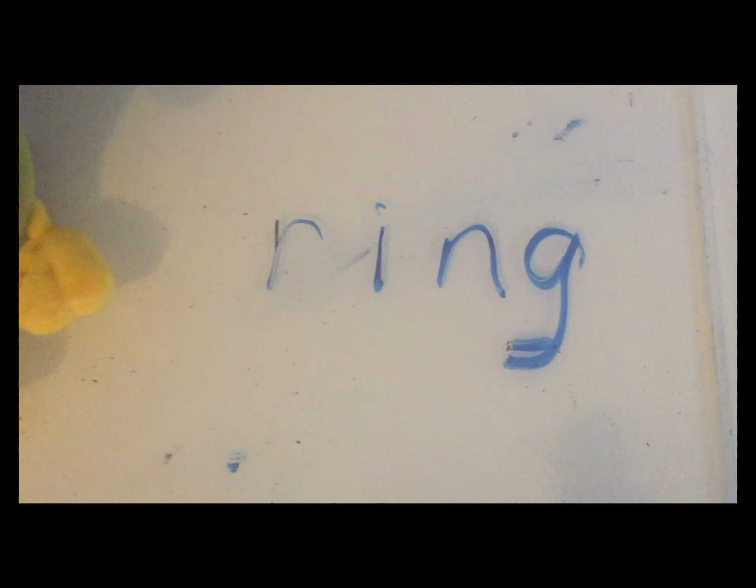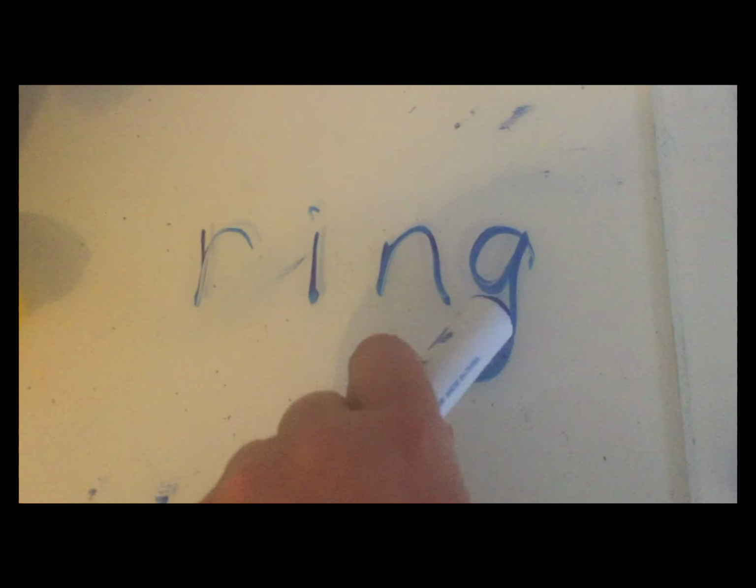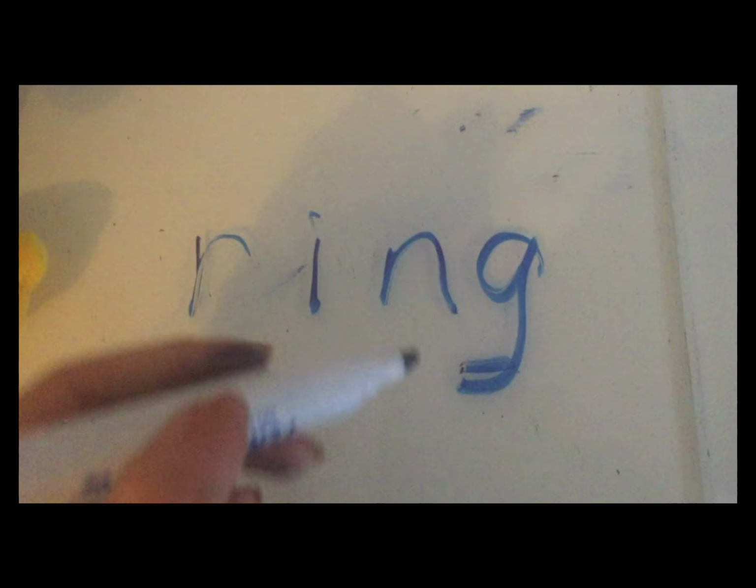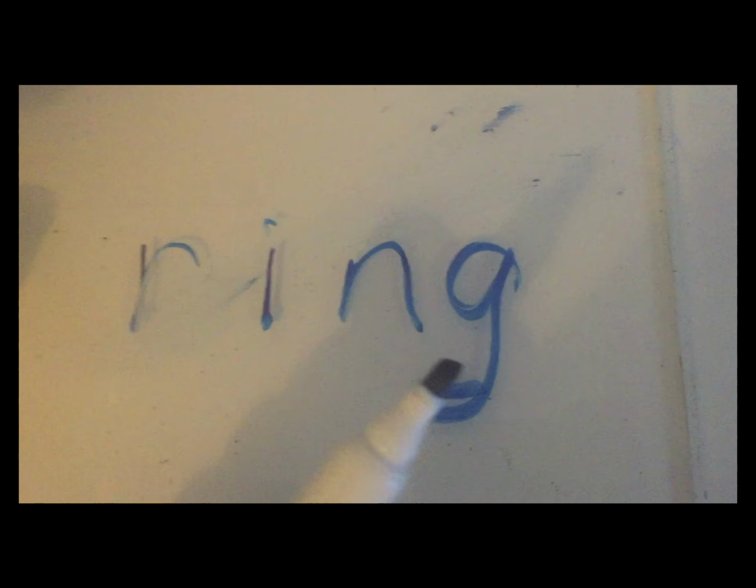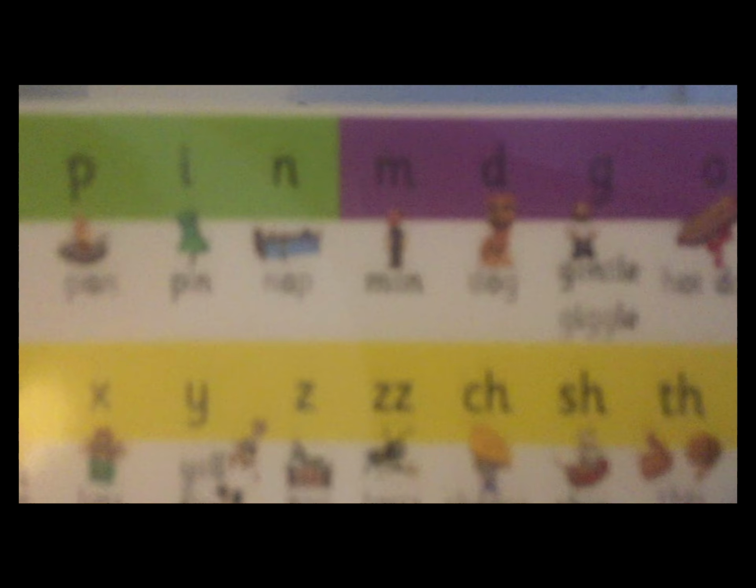But they can get confused because they can see a letter N and a letter G. So they see that N must represent something to do with N, like when they're doing nap. And they think the G must be something to do with the G, like when they see a word like giggle.